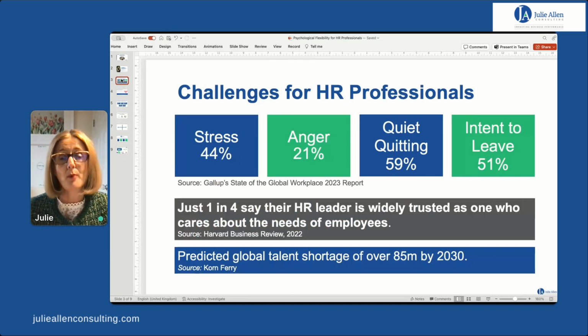That's roughly the population of Germany. So as HR professionals, we are managing the emotions of individuals in the organisation, and we're also managing productivity in terms of perhaps the quitting, and also the intent to leave the organisation. And at this point, sometimes in the chat box, people will say, well, quitting isn't a bad thing, and I'm not saying it is. But this is the environment in which you are operating.